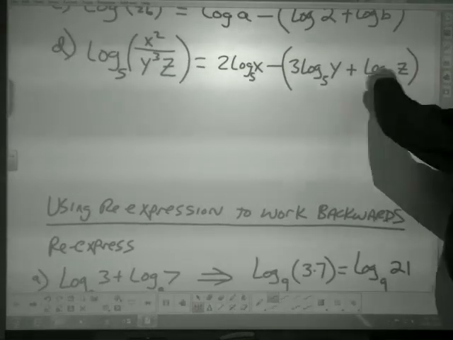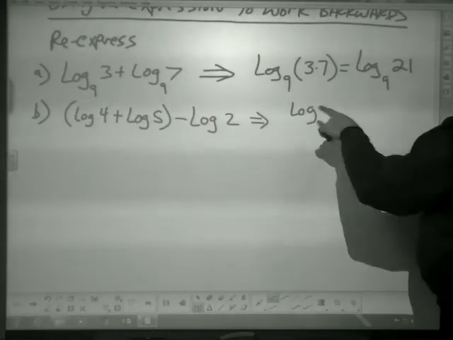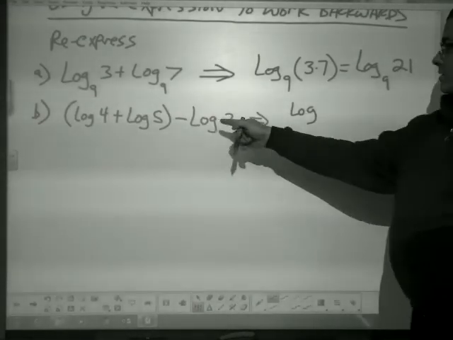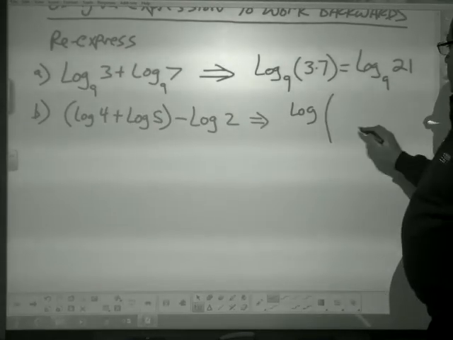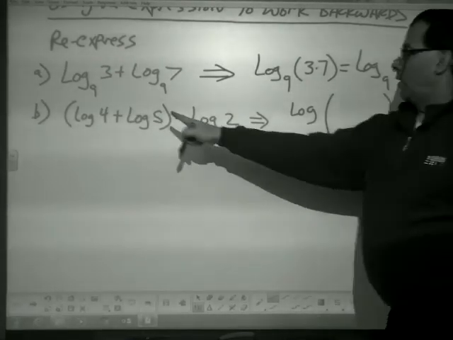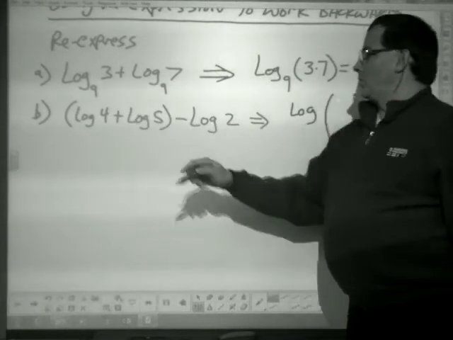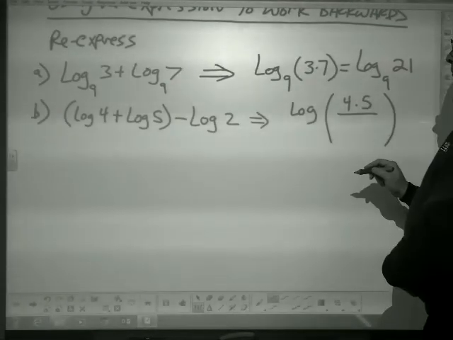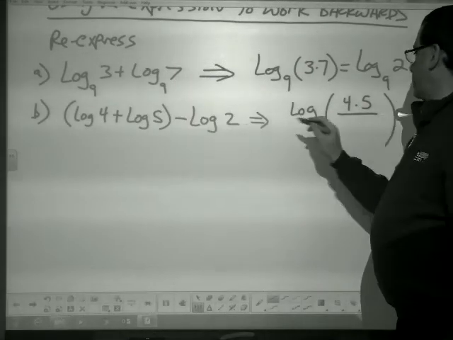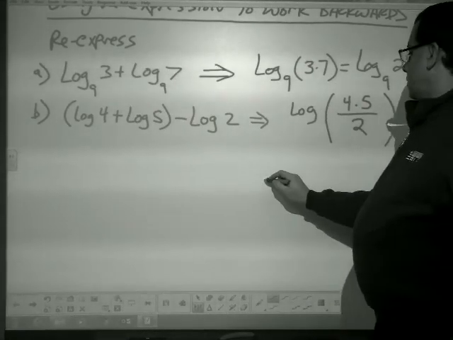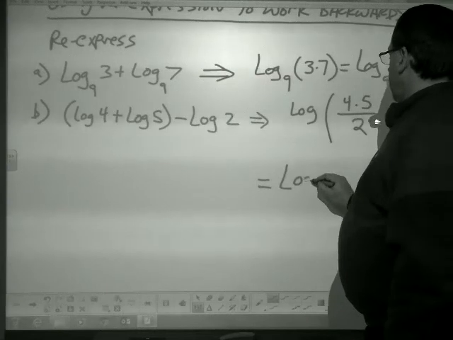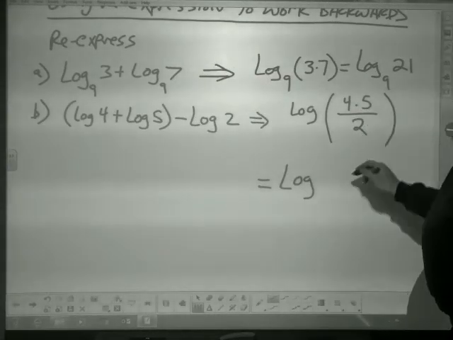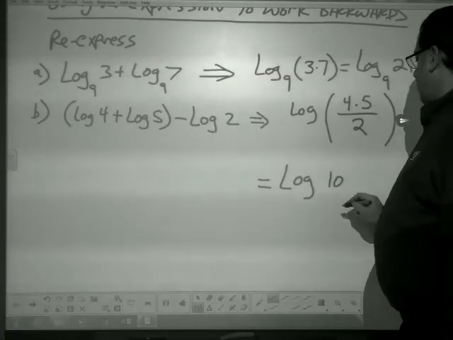When I'm working backwards, each thing starts with a log, but I'm only going to write log once. My base is 10, so I'm not going to write it. Okay, what am I taking the log of? Well, 4 plus turns to times, so that's 4 times 5 on the top, divided by 2 on the bottom. So that's going to be equal to log of 4 times 5, which is 20, divided by 2. That's actually the log of 10.